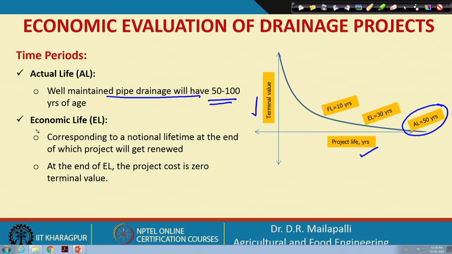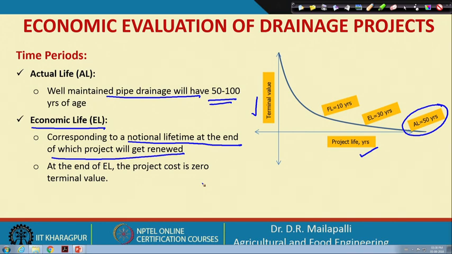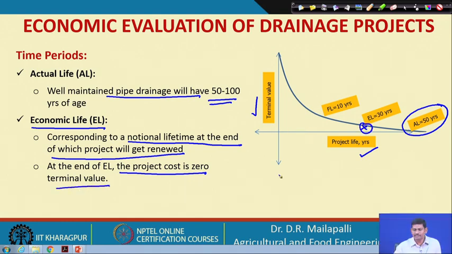Okay. Then the next timeline is economic life. This corresponds to a notional lifetime at the end of which the project will get renewed. At the end of economic life, the project has 0 terminal value. Beyond that, the value of the particular project will be 0.